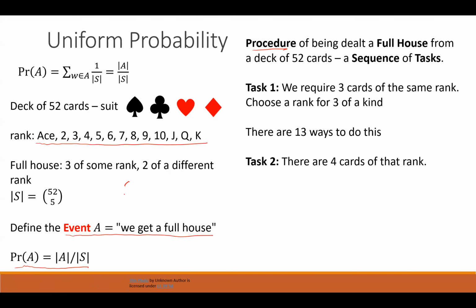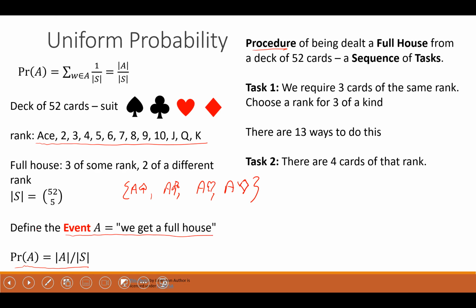As mentioned, if I have an ace, there are 4 different aces, one for each suit. So I have to choose 3 of them. So 4 choose 3, right?